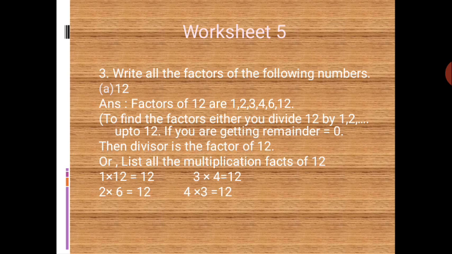So 1 and 12 both are the factors of 12. 2 multiplied by 6 is also equal to 12. So 2 and 6 both are the factors of 12. 3 multiplied by 4 is equal to 12. So 3 and 4 both are the factors of 12. And the rest of the multiplication facts are the same, only they have changed the order. So I have got all the factors of 12 as 1, 2, 3, 4, 6 and 12.